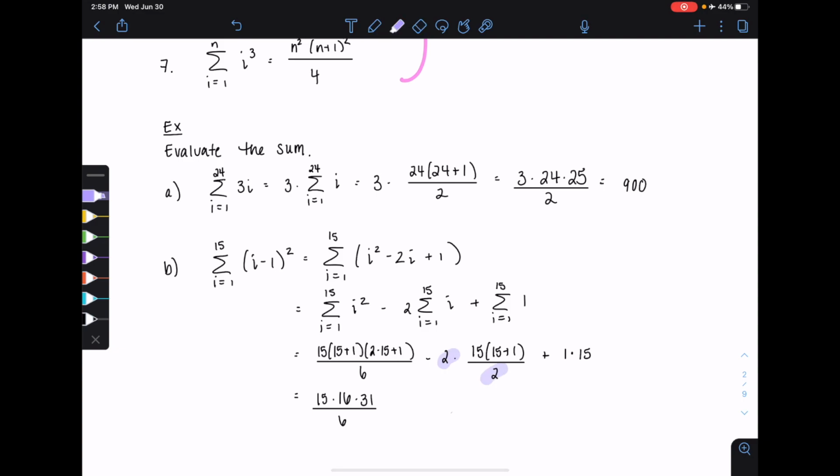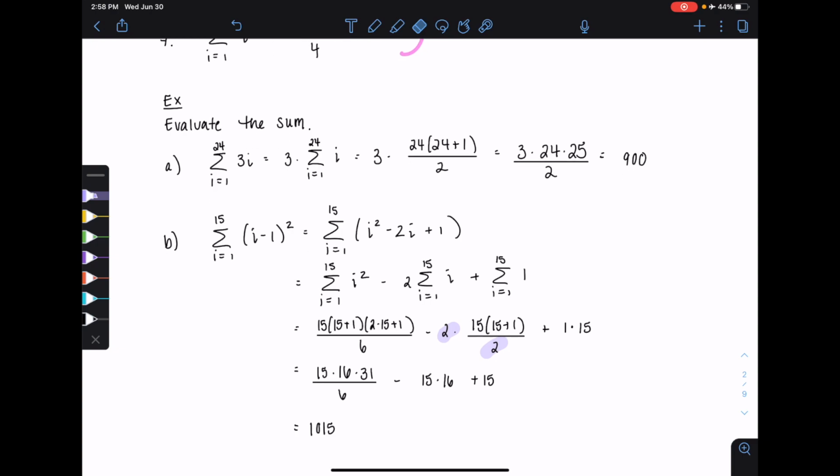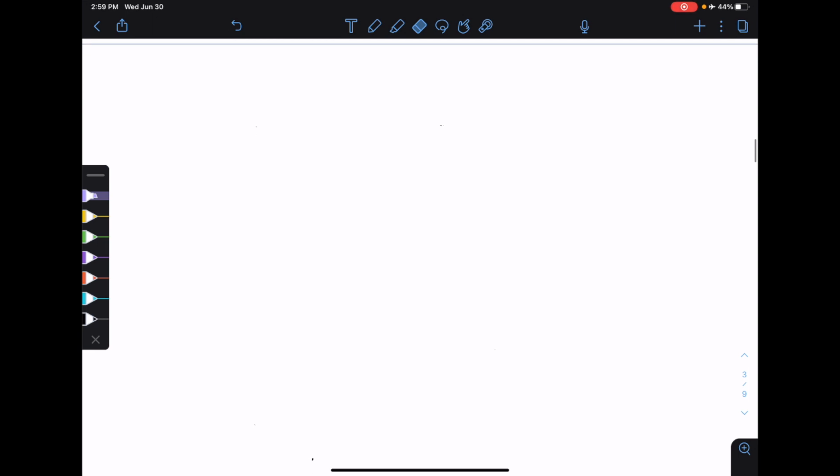Over here, these 2's end up canceling, so that's nice. So you really get 15 times 16 plus 15. And again, if you simplify this, you should see that when I sum up these terms, I'll end up with 1,015.